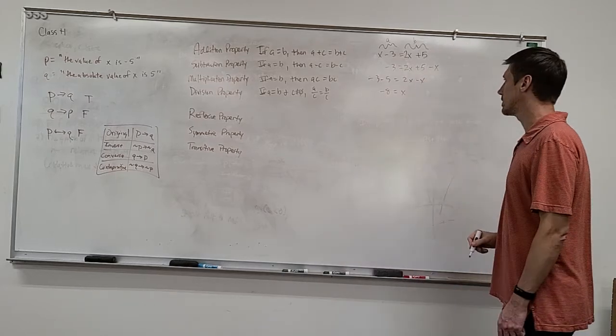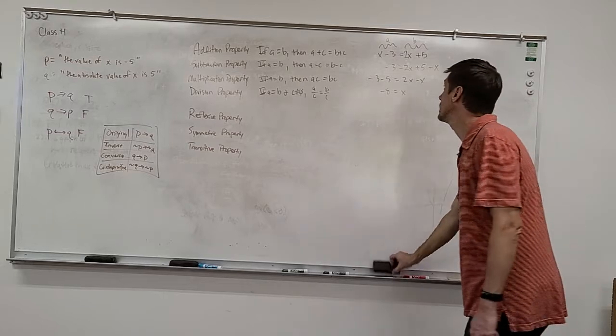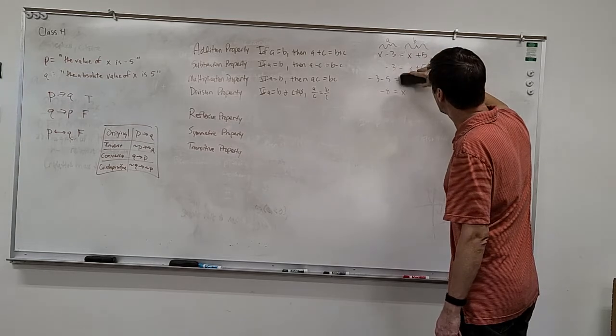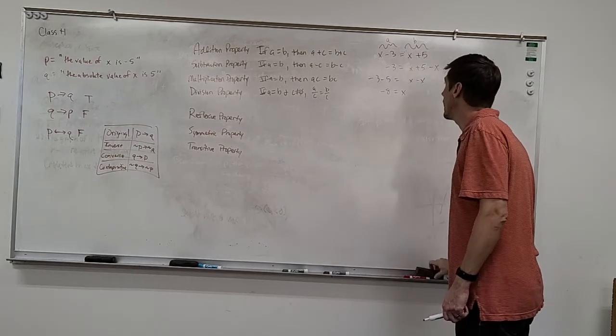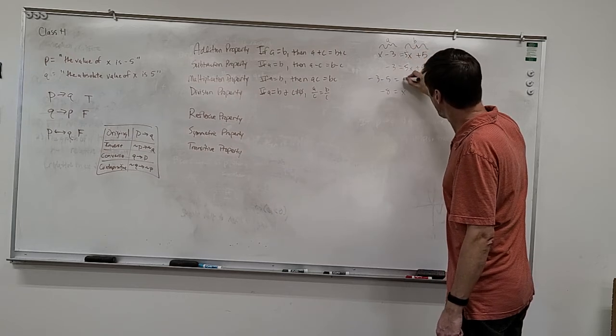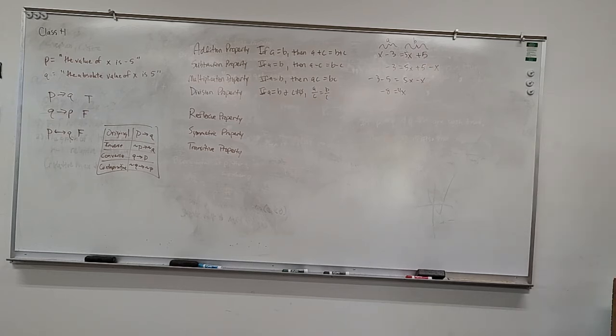We could combine our like terms, and so we say -8 equals x. And I didn't mean for us to be done that quickly. Let's say we don't make this a 2. Let's say we make this a 4. All right. Not a 4. We make this a 5. So this becomes a 4x. All right.